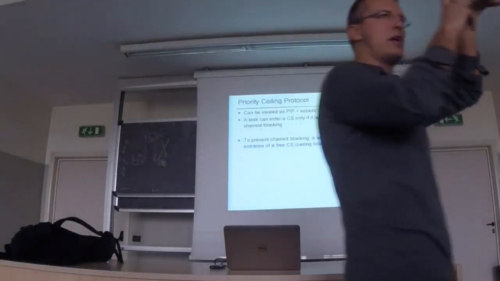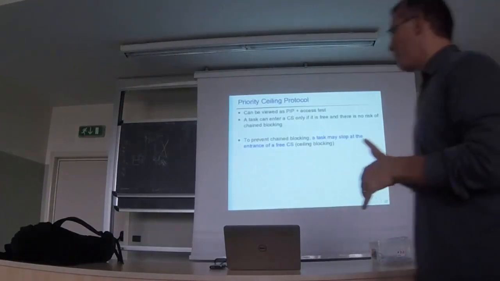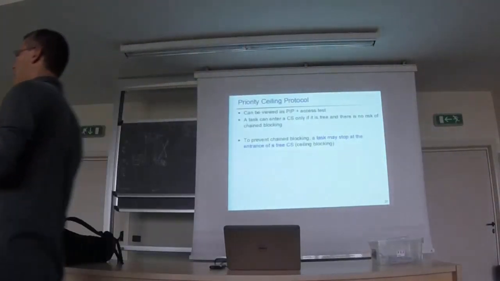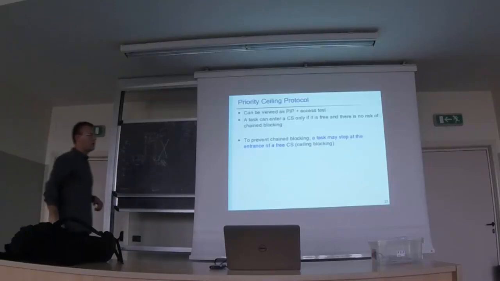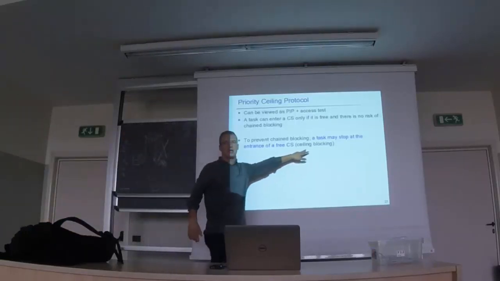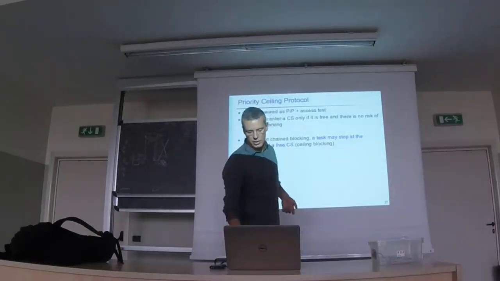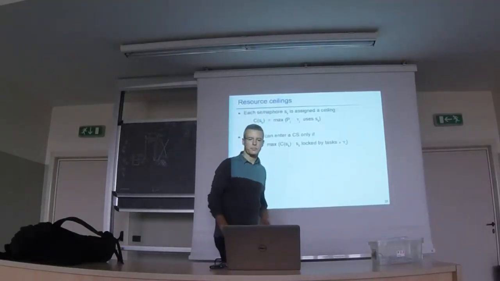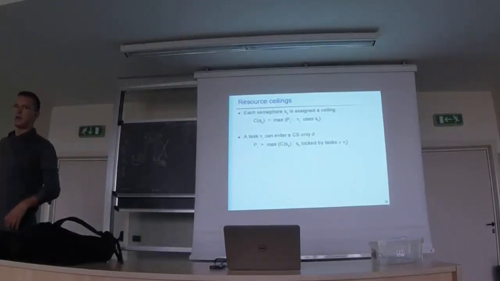Here, if the semaphore is free, I may still block, I may still stop, because if I had taken that lock, I would have caused blocking to high priority tasks. Let's see better. So this is a third kind of blocking called sealing blocking. It is not direct blocking, it is not push-through blocking, it is sealing blocking. So we introduced the notion of sealing, okay?